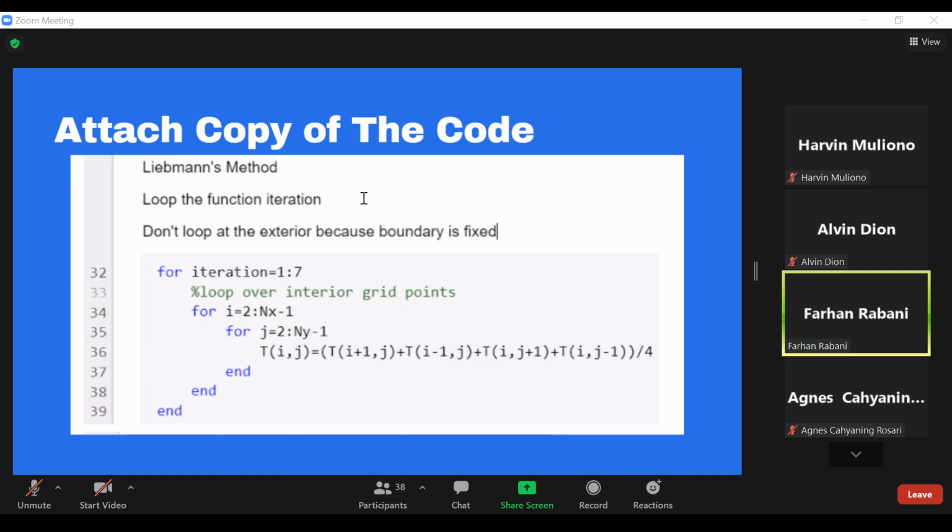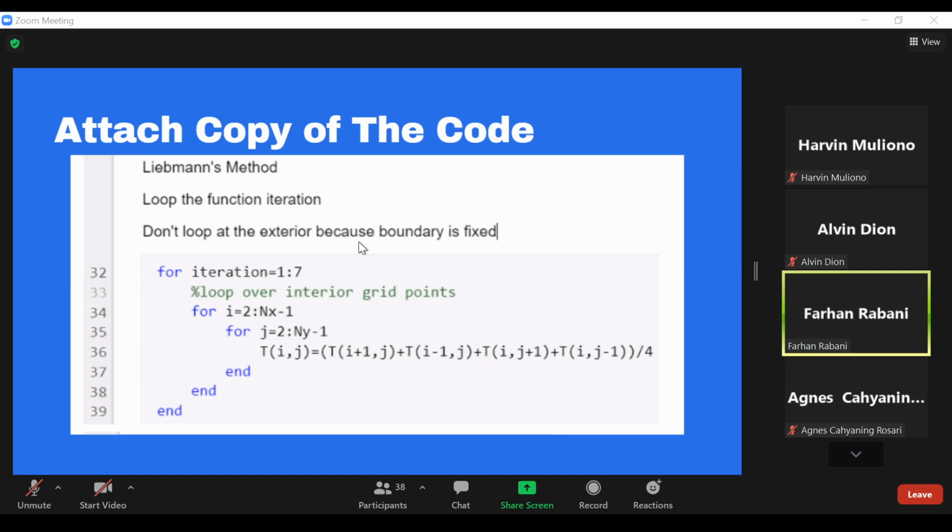We also calculate for the column side of the matrix, j equals 2 until j equals NY minus 1, with the same reason: we don't loop over the exterior.